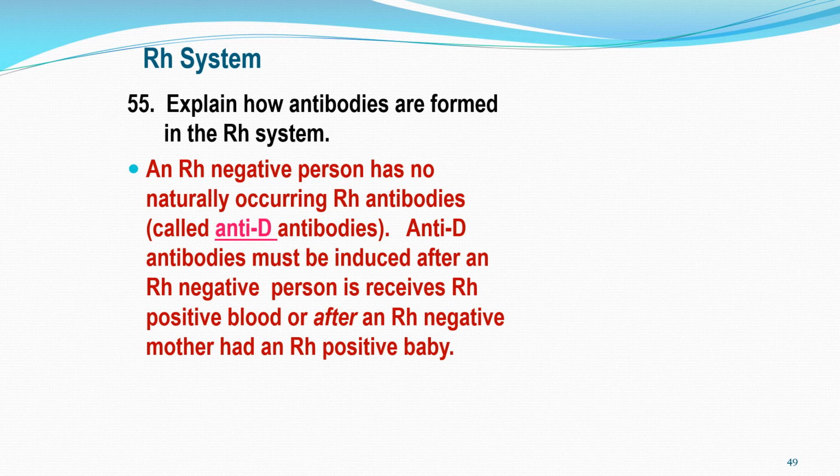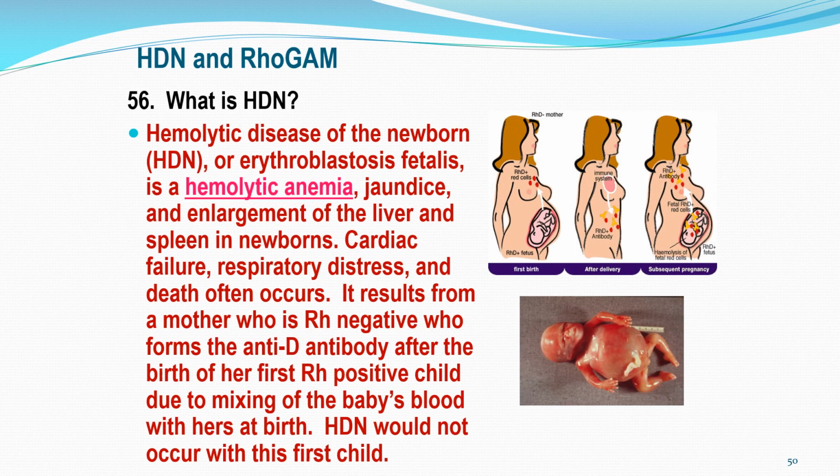If that person gets blood that is Rh positive, or if an Rh negative mother, let's say she's Rh negative and the husband is Rh positive, has a baby and that baby is Rh positive, then she's going to be exposed to that and will build antibodies against it. That brings us to hemolytic disease of the newborn.